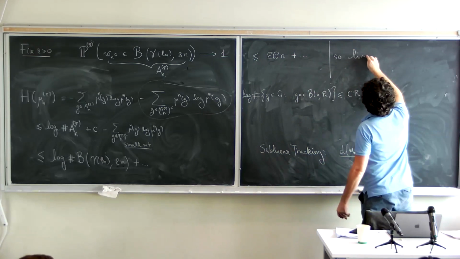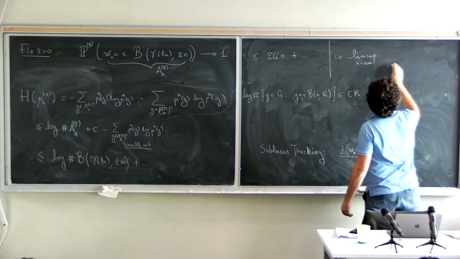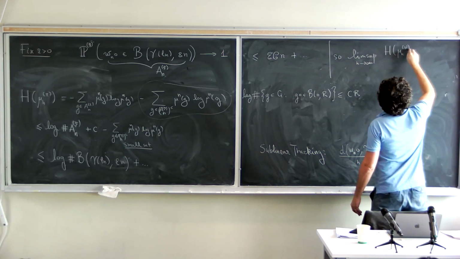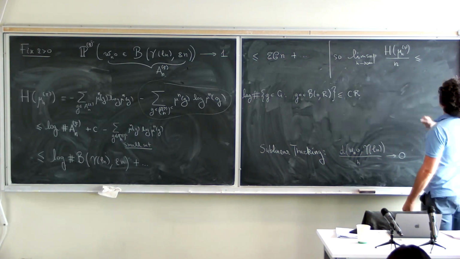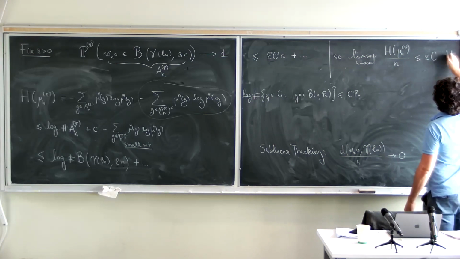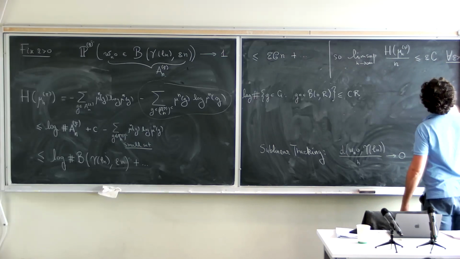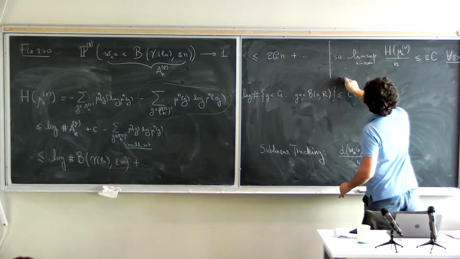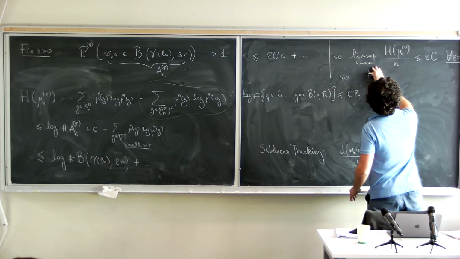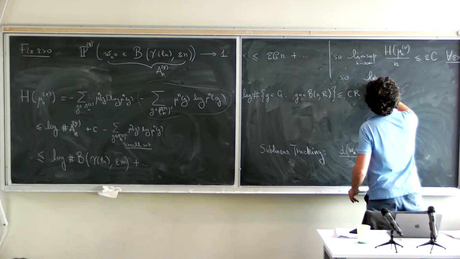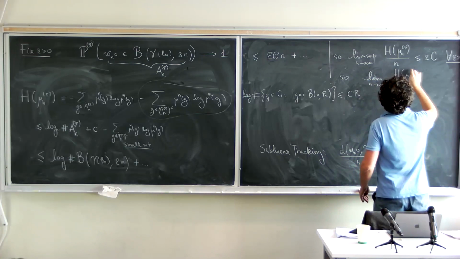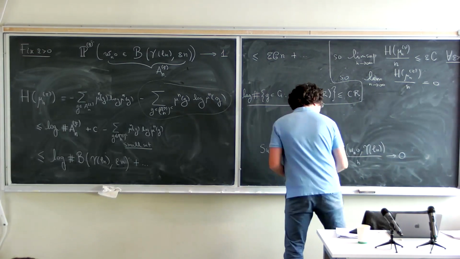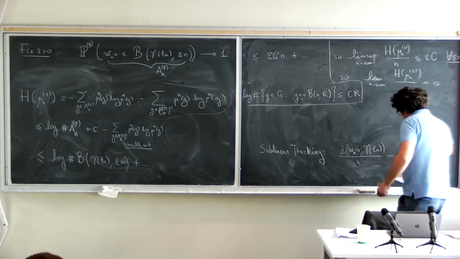So the lim sup as n goes to infinity of h(mu_n, psi) divided by n is less than or equal to epsilon C for every epsilon, and so of course it has to be 0. What is the main point?